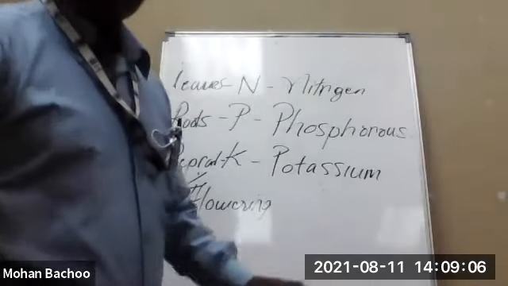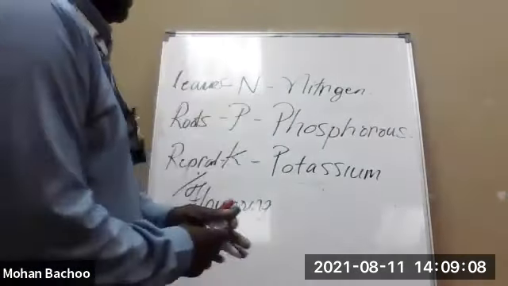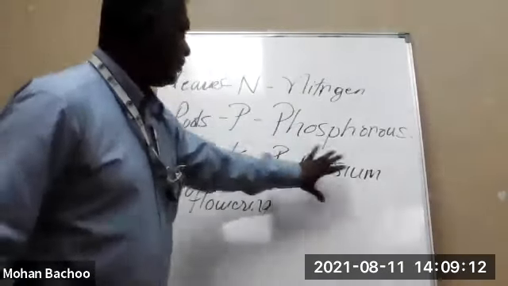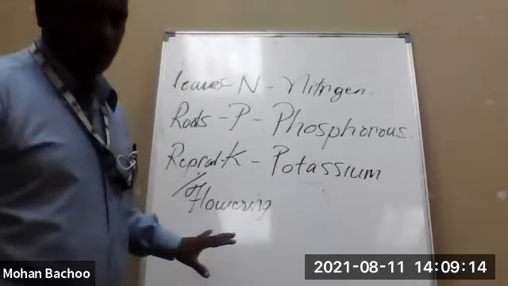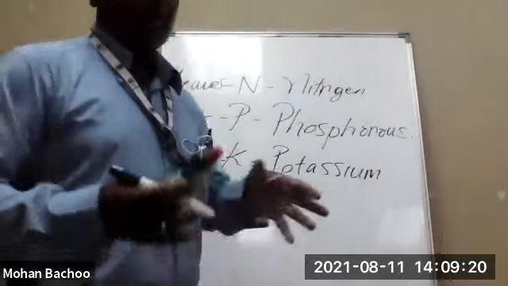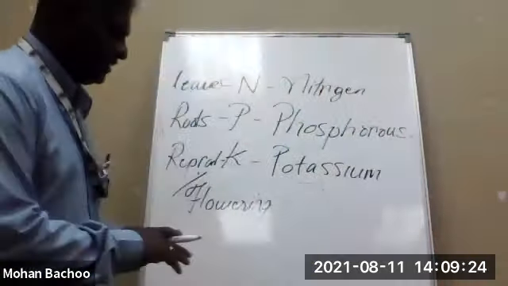Are you hearing me again? Right. So we have nitrogen for the leaves, phosphorus for the roots, and potassium for reproduction. So now you have to understand this by itself is a guide to go about using your fertilizers. You have to understand why you should be using these fertilizers.